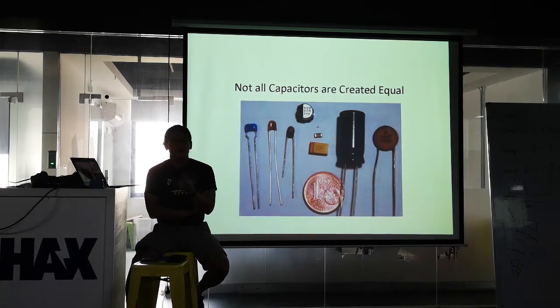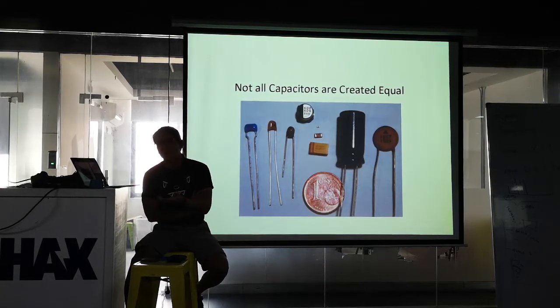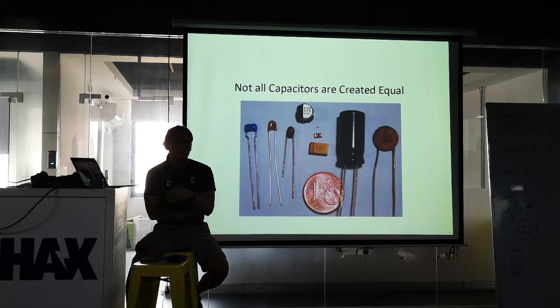If you didn't write down what you wanted in your bill of materials, your factory will probably give you a capacitor from this tolerance spec, the cheapest type of dielectric you can get. If you're using that to adjust the timing rate of your flashing, you're going to have a huge variance across the production line in the rate of flashing. So if you just say, give me a 10 microfarad capacitor, and you don't specify what dielectric, you can have huge variability at the end of the day.